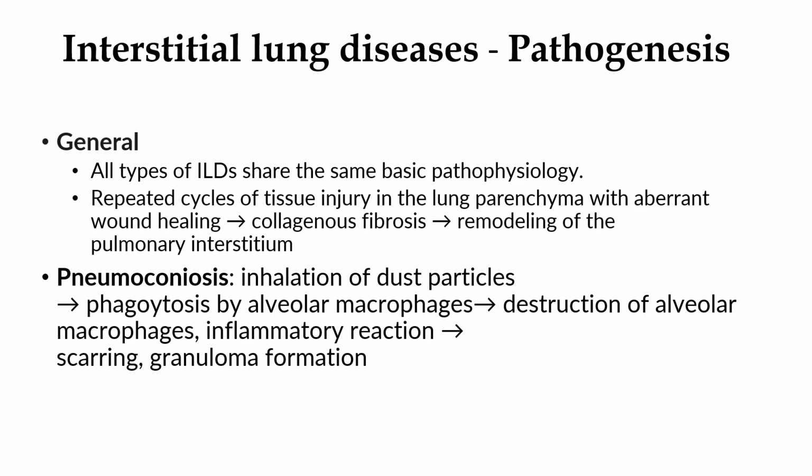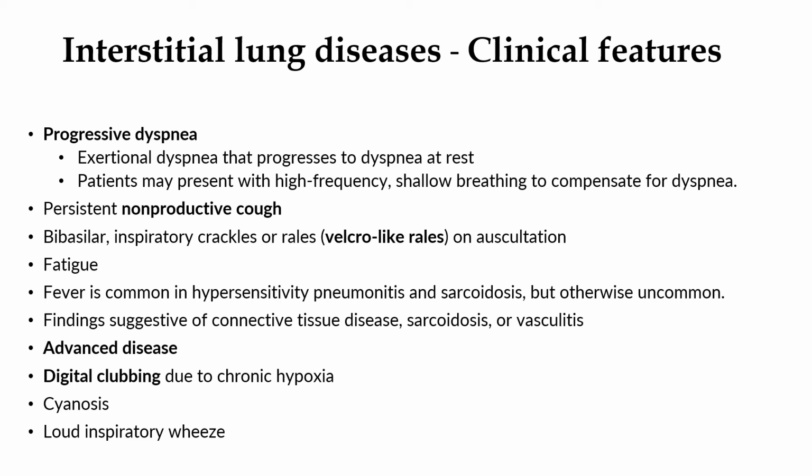Pneumoconiosis: inhalation of dust particles, phagocytosis by alveolar macrophages, destruction of alveolar macrophages, inflammatory reaction, and at last scarring, granuloma formation, as in previous cases. Interstitial lung diseases, clinical features. We have progressive dyspnea.